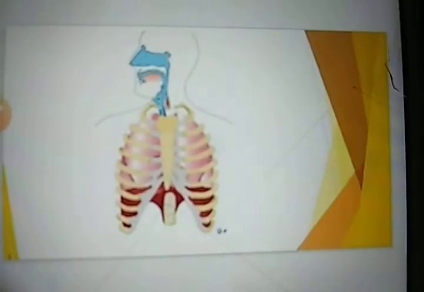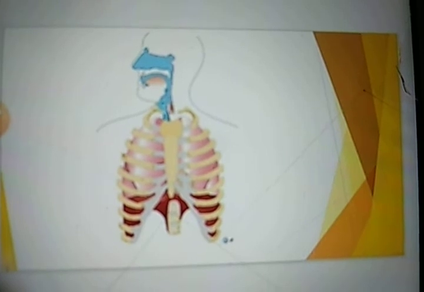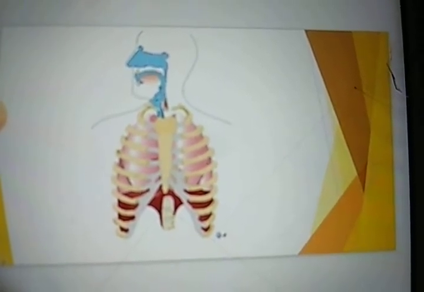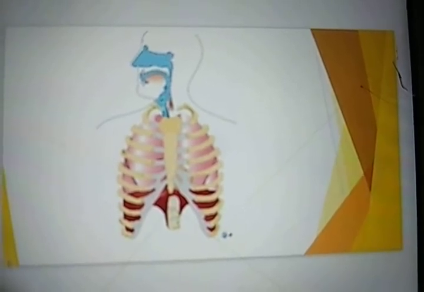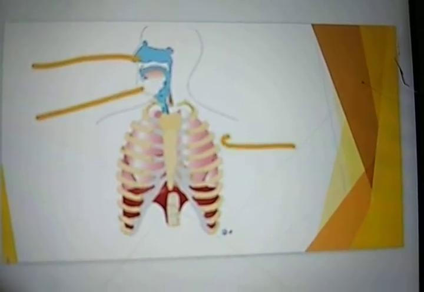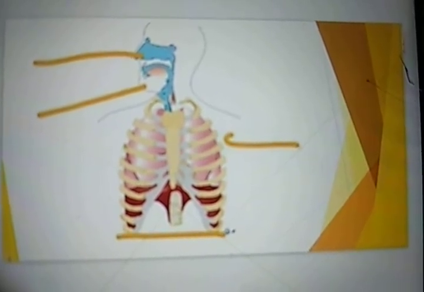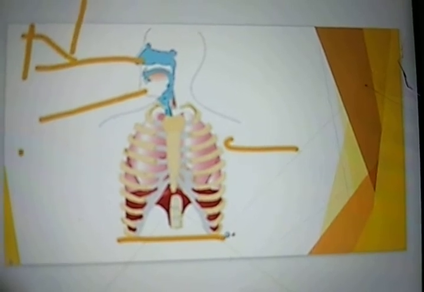Here you can see the figure of the respiratory system. Either the labeling will be given or the sequence will be asked, or the labeling will be provided and you have to just label it and write down the answers accordingly. Here I'm marking four of the parts. This is your nostrils, this is your mouth.